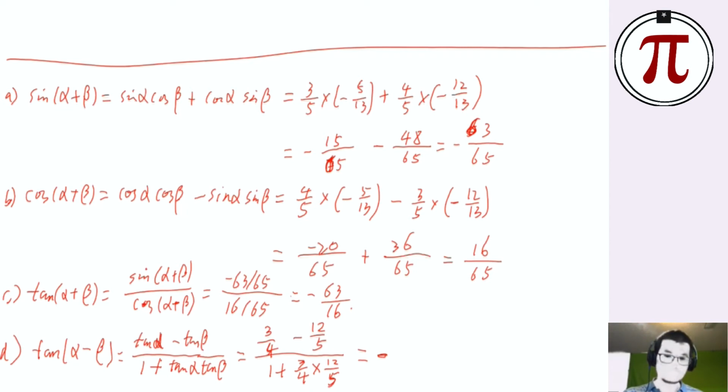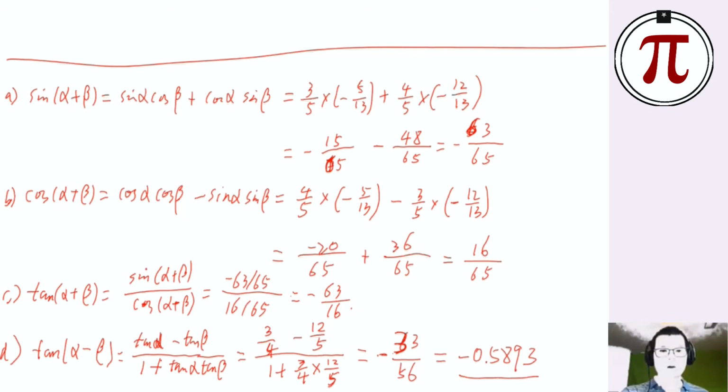Negative 33 over 56. All right, this all equals negative 0.5893. Okay, so that's basically what we have.